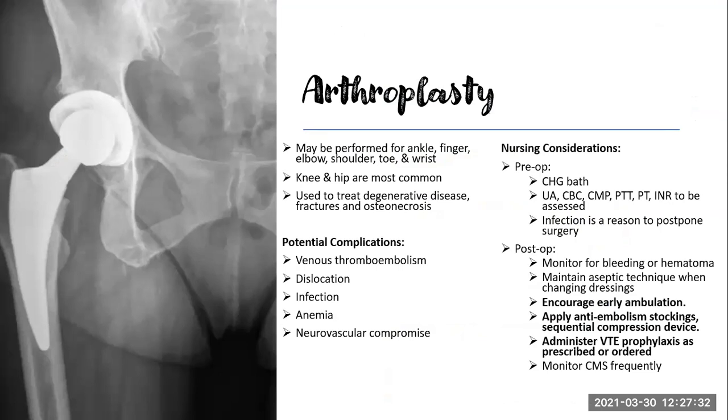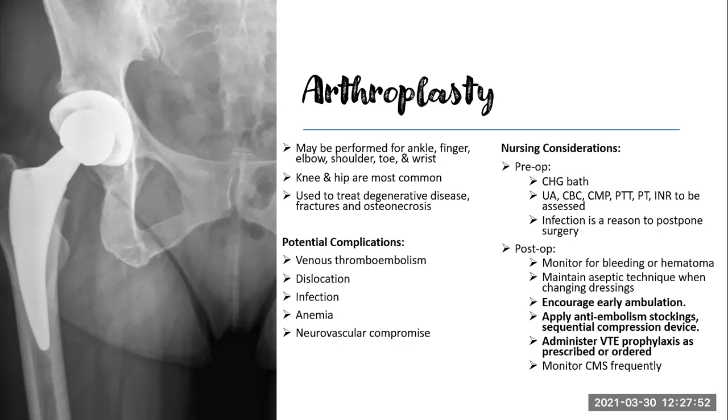When that arthritis becomes severe, patients may even require a replacement of the joint, and that's your arthroplasty. It can be performed in just about any joint, but of course, knees and hips are probably the most common.